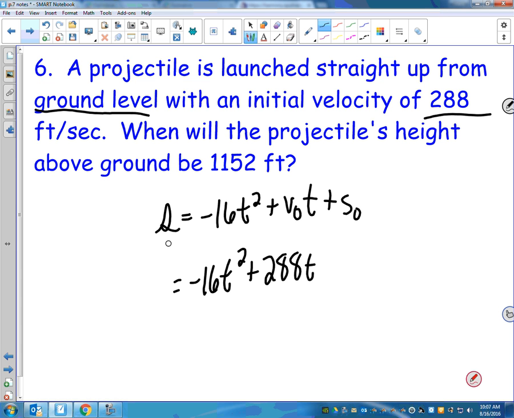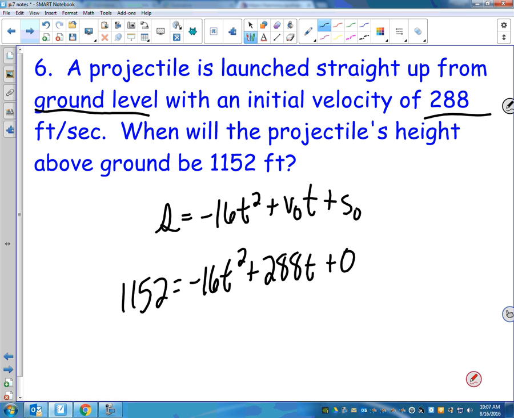Yes, that is the height. This is the equation to say how high it will go. So if I want to know when it's here, and I put this, well, it's plus 0 because we're at ground level. It does look less scary when you plug it in. And now we just have a quadratic with really big numbers.